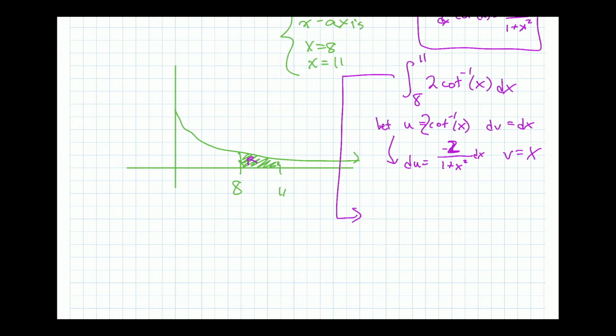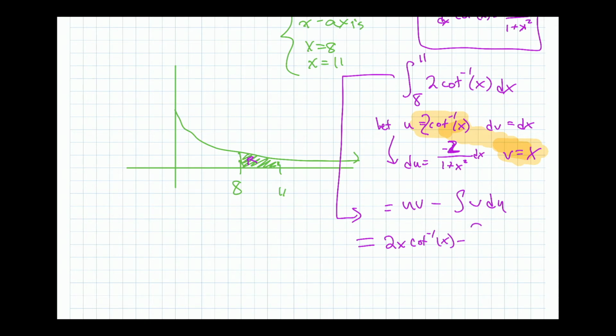So if you do integration by parts here, you know that the integral should be uv minus the integral v du. So uv are this one and this one, right? So we're going to multiply those together: 2x cotangent inverse x, like that.